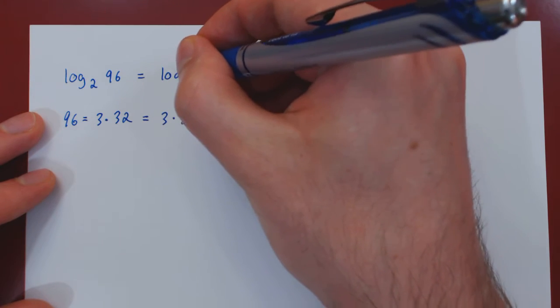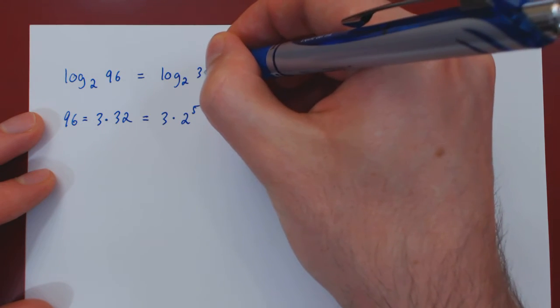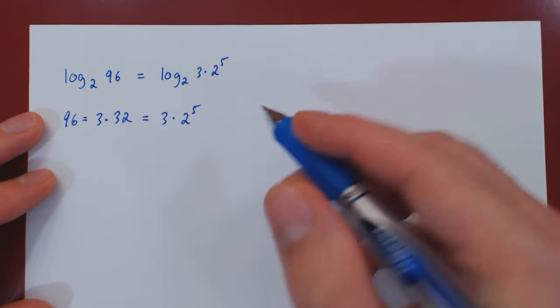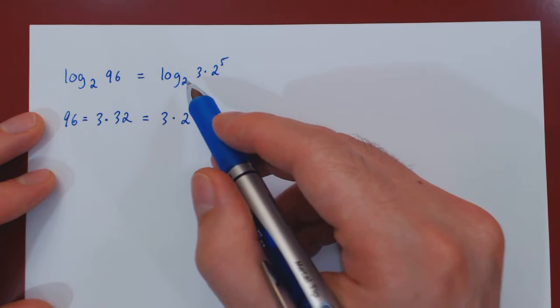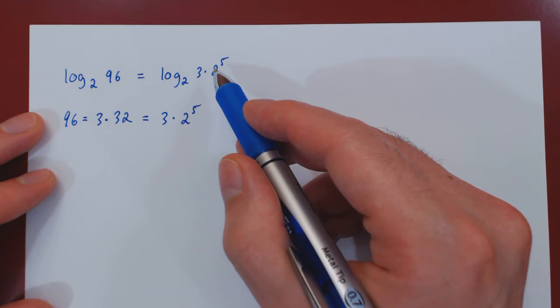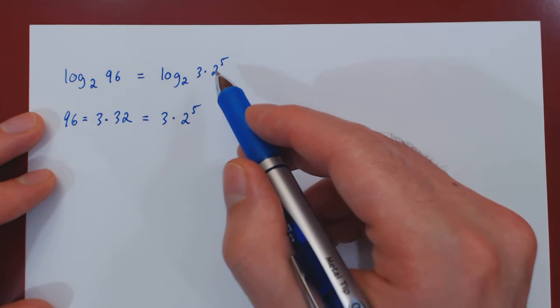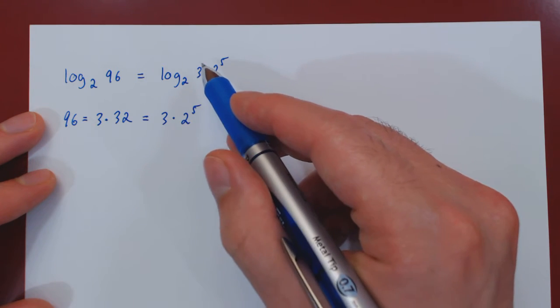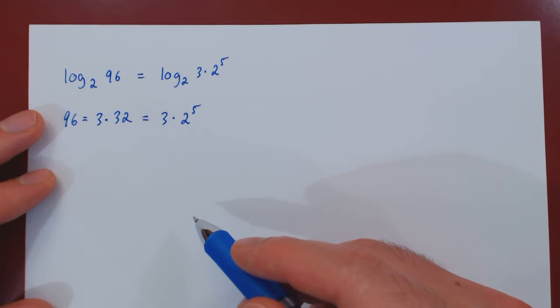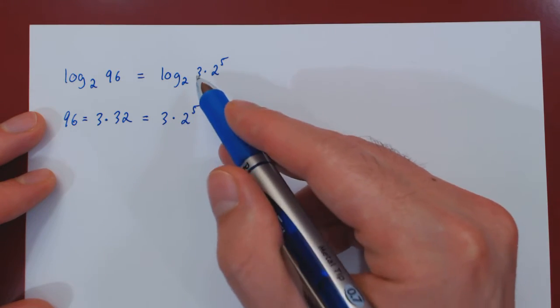So we have the log base 2 of 3 times 2 to the 5. But we can't just cancel the log with the exponential function base 2. Sure, the bases match, but there's this annoying multiple of 3 up front. So it seems that we're stuck with it.